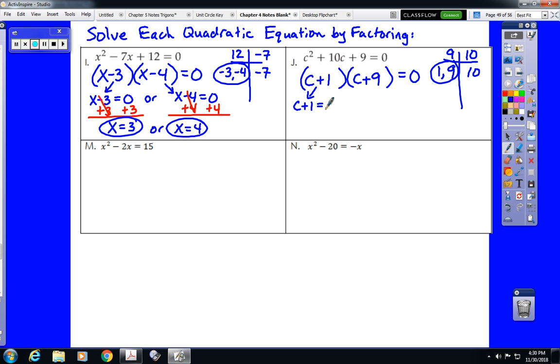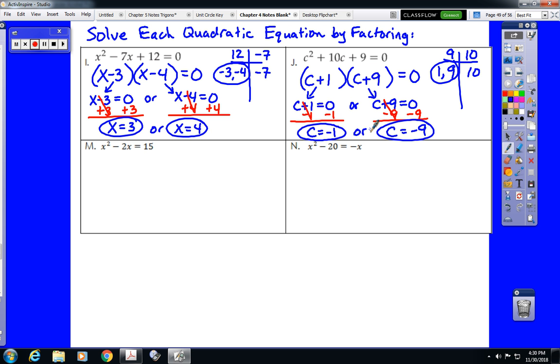C plus 1 equals 0, or C plus 9 equals 0. Again, each of those is going to get solved. Now once you get good at this, you don't have to show nearly this much work to get to the answers. But until you know what you're doing, you should show your work every time to avoid silly mistakes. So our solutions for letter J should be C equals -1 or C equals -9.